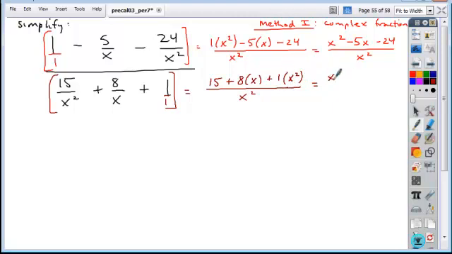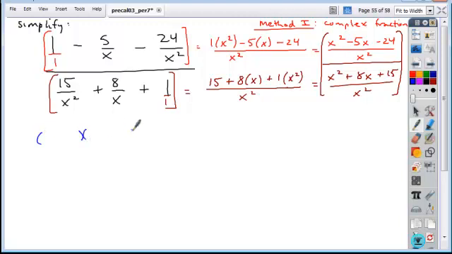So if I reorder these terms, I get x squared plus 8x plus 15 all over x squared. So what I've really done is create this fraction as a single fraction divided by another single fraction. I've just rewritten the form of this complex fraction, and so now what I can do to solve is invert and multiply. As I go through that process, I'm going to factor my numerator up here.